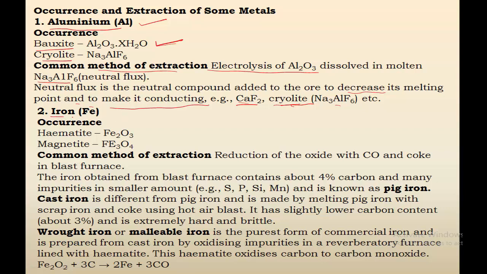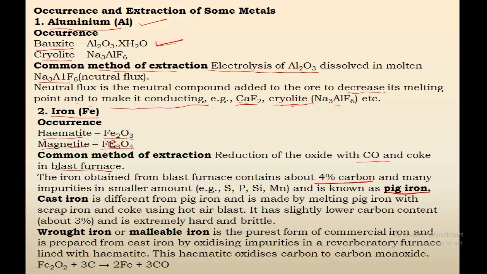Then the third one is iron, Fe. Its important ores are hematite and magnetite, with the chemical formula Fe3O4. The common method of extraction is reduction of the oxide with CO and coke in a blast furnace. There are different types of iron obtained at the end of the process. If the iron contains 4% carbon and other impurities, then it is known as pig iron.